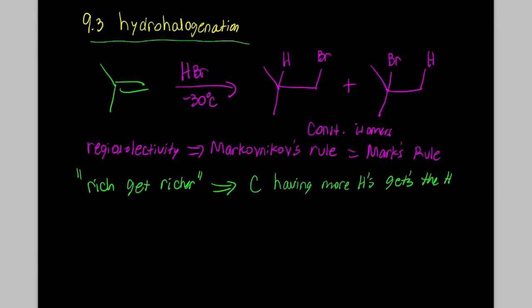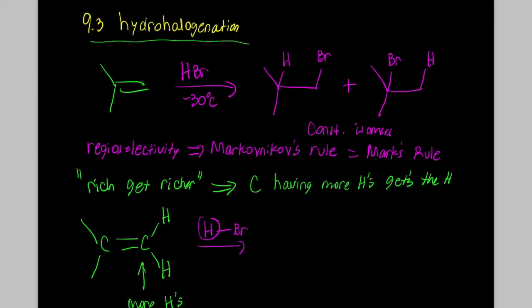If we take a look at this molecule here, this carbon has more hydrogens. And so when this reacts with HBr, here's the hydrogen. The hydrogen is going to go onto the right carbon, and the bromine is going to go onto the other carbon.